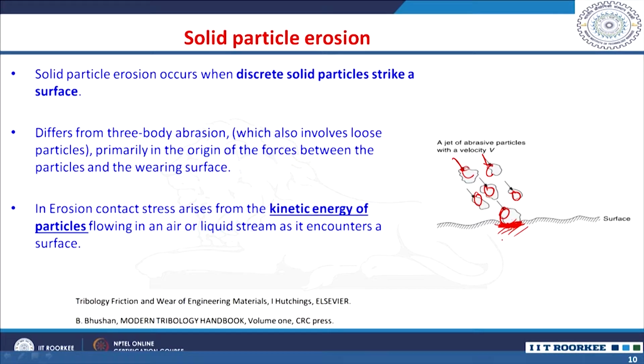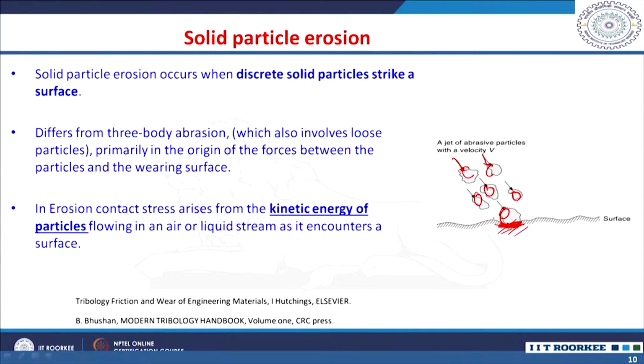But you can see here also there are particles which are causing the material removal, like that we found in abrasion. In abrasion also we have certain particles causing the material removal, but it differs from three-body abrasion primarily in the origin of forces between the particles and the wearing surface.